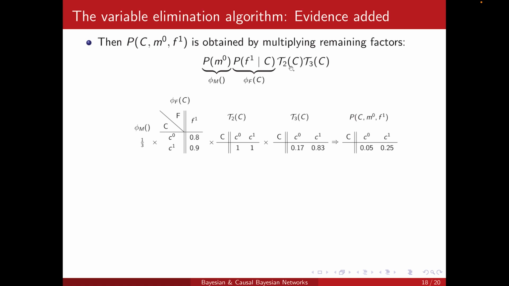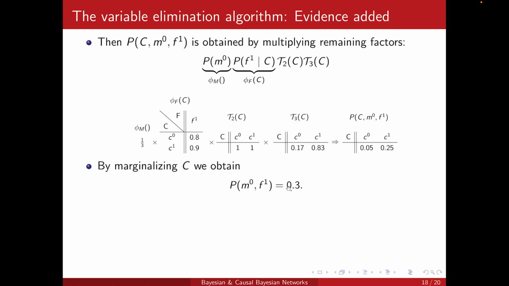Now I have to multiply all of these ones. So the first one is just 1/3 because it was just M0, and the probability of M0 is 1/3. I wrote down the second, the third, and the fourth. If you do the math, this is what you will end up with. So by marginalizing C, which I need for the denominator, I will get this summation.